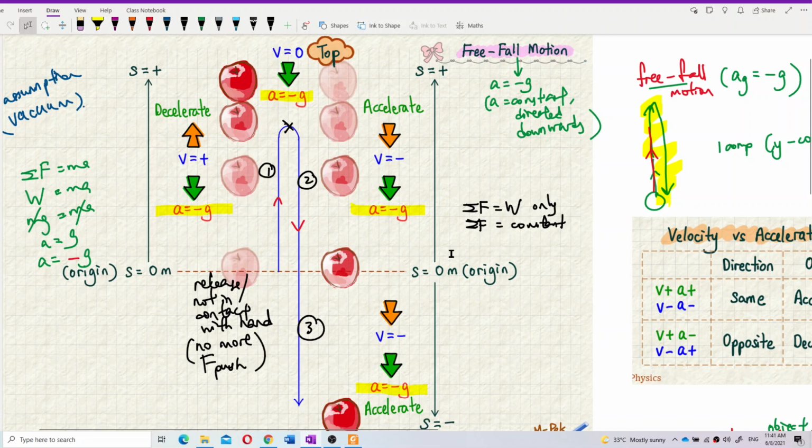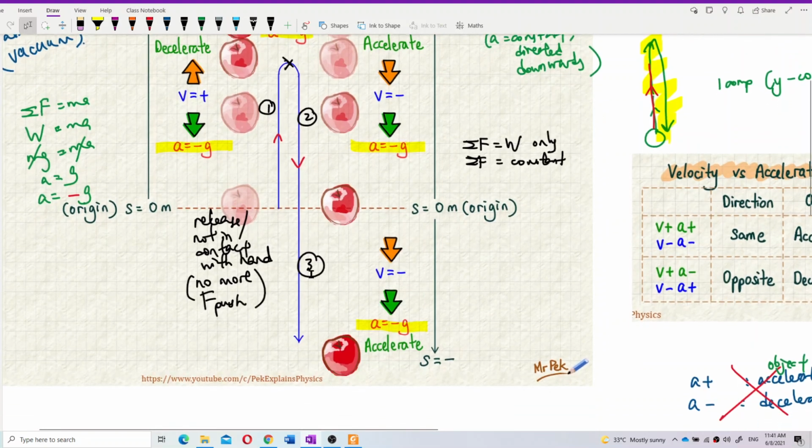So the acceleration is constant, all directed downwards, a equals negative g. That's the second part.